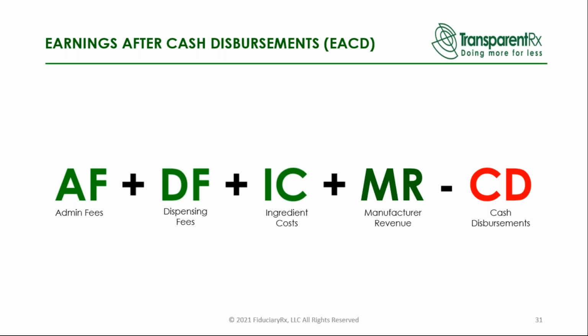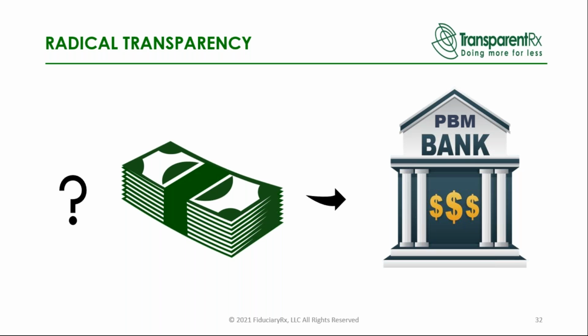That means it is going to keep a percent or share of rebate dollars or manufacturer revenue that it never disclosed to its clients that it was going to keep, and pass back the rest. Those are examples of cash disbursements. Whatever is left over is what the PBM is paying itself.